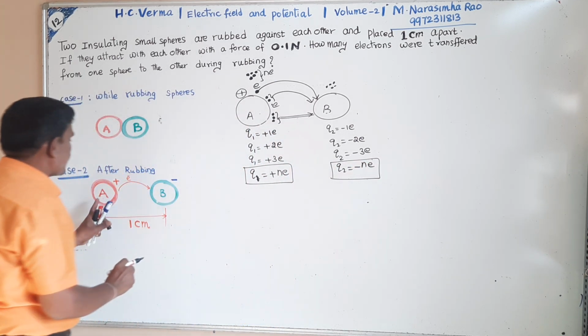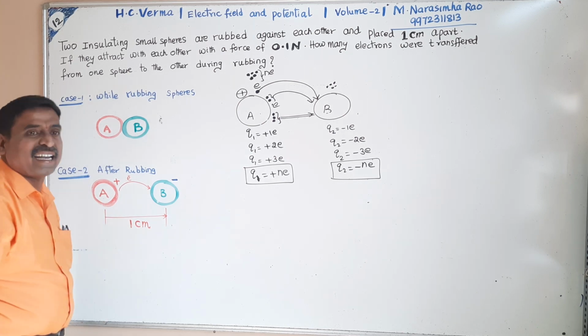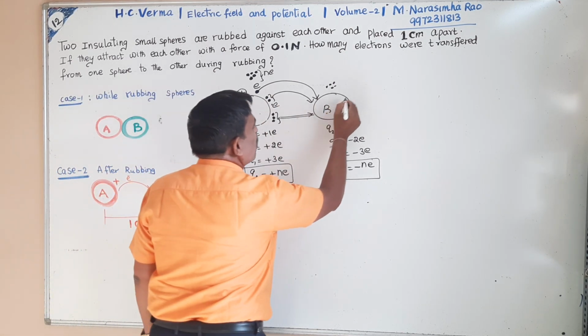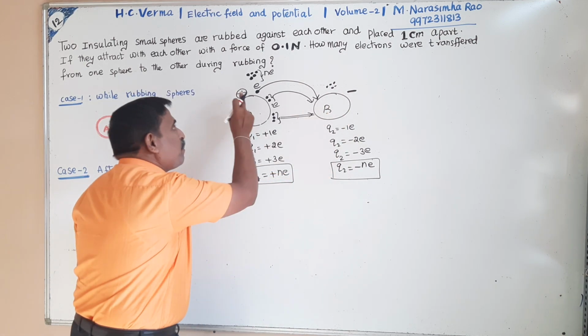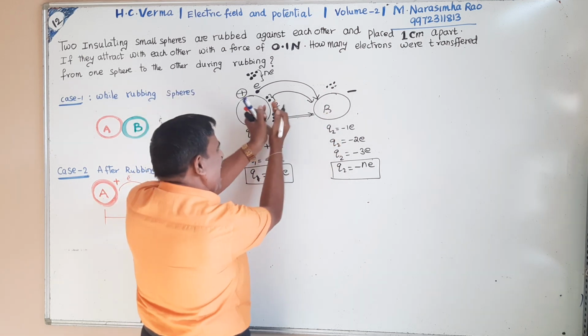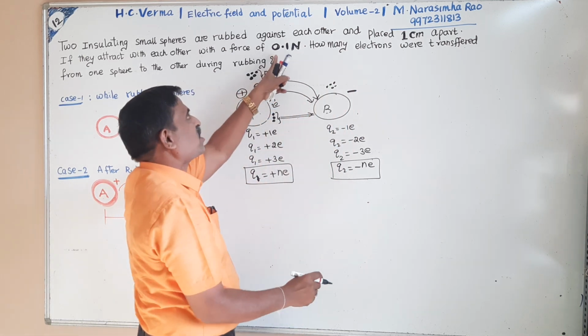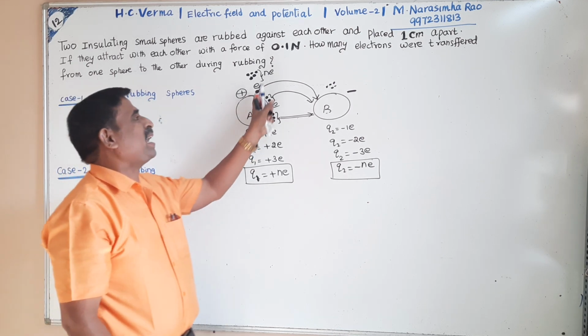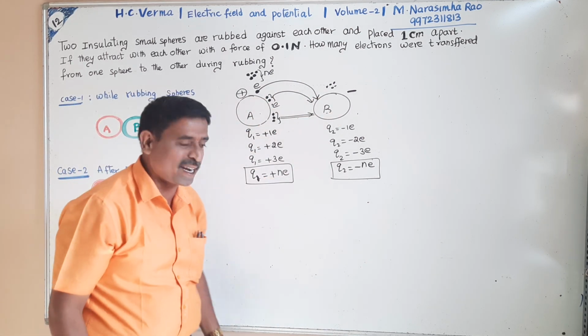These two charges are separated by 1 centimeter distance. One is a positive charge, another one is a negative charge. In between them, there exists a force of attraction. That force of attraction is given as 0.1 Newton. They are asking how many electrons are transferred.